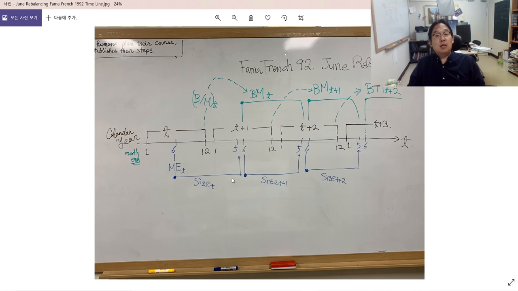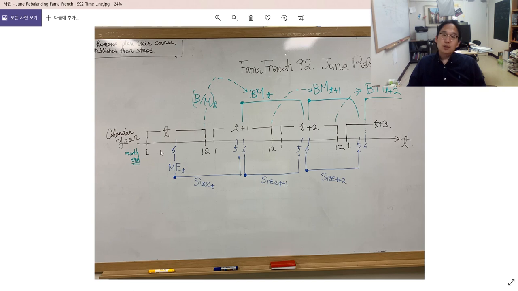June rebalancing also goes for market equity when it comes to size. So market equity, the market cap, is the number of shares outstanding times the price per share.